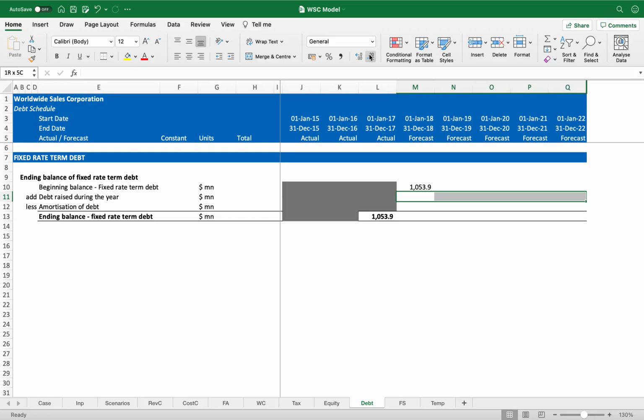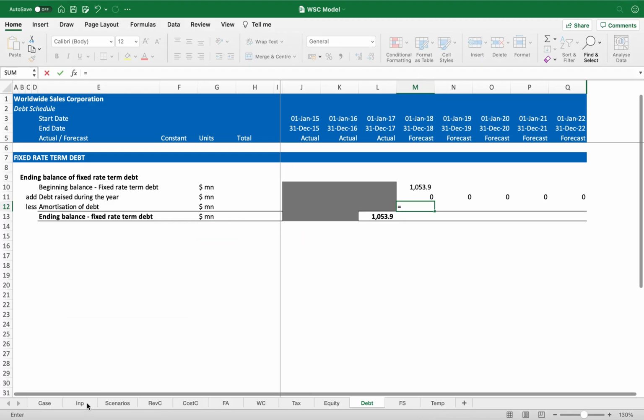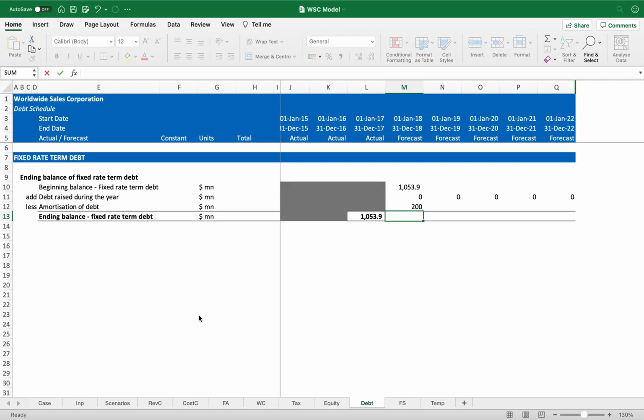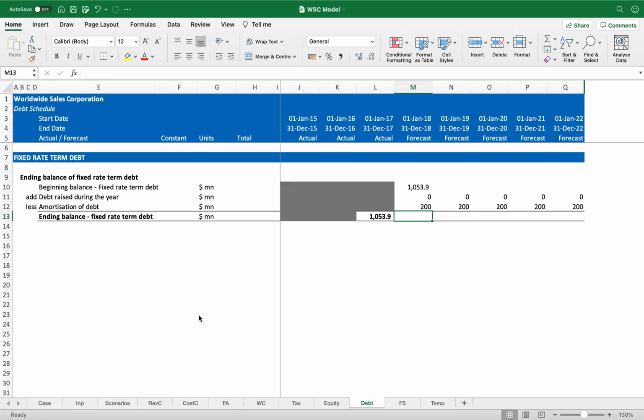Do I have anything for debt raised during the year? No. Do I have anything for amortizations? Yes, 200 million every year. Closing is your beginning plus raised minus amortization, and that's it.